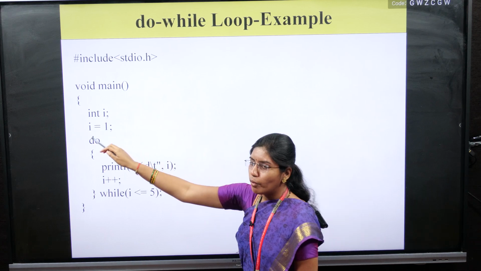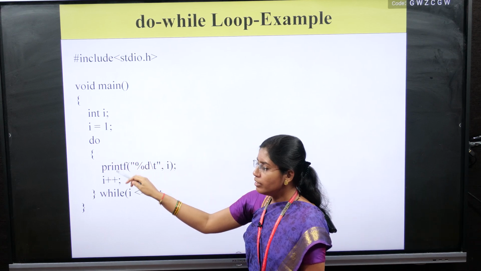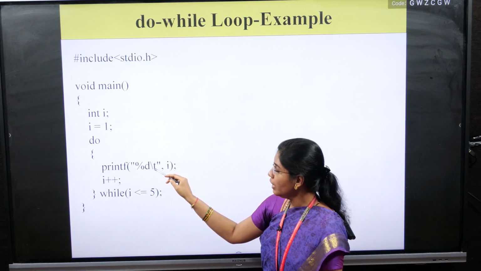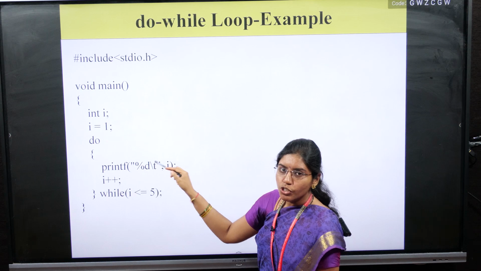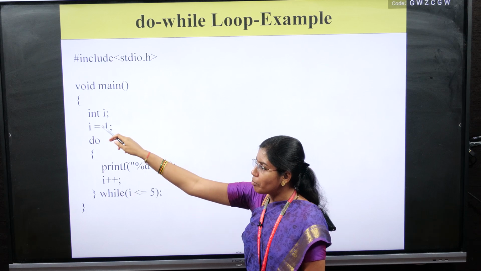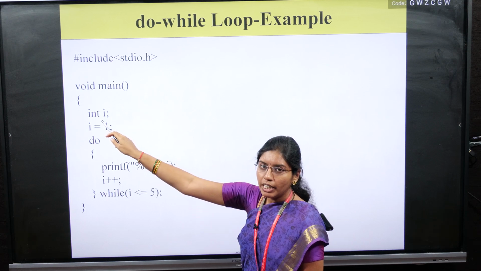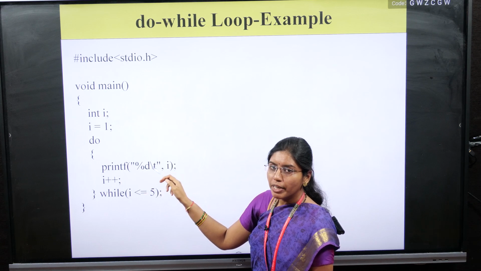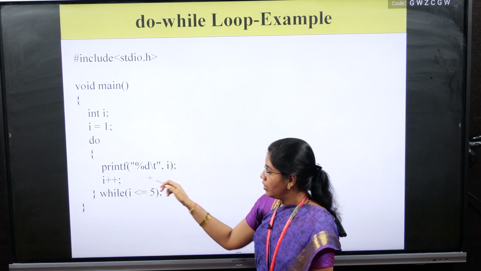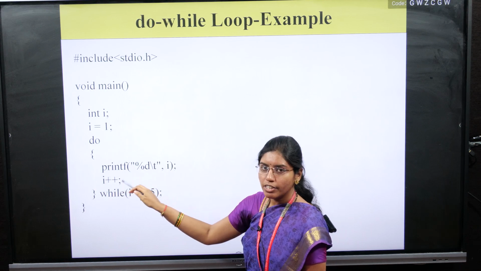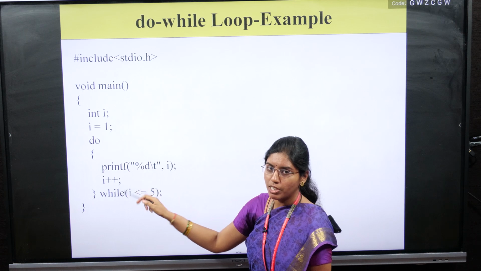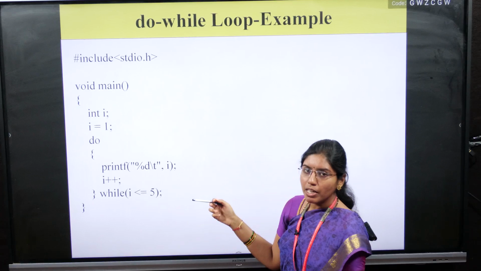Now you are going to write do and then the statements. The statement can be written as printf("%d\t", i). %d is your format specifier, because we are taking int i, so we need to write the format specifier to print the numbers one by one. After executing the statements, we need to increment the count, that is i++, or i = i + 1.